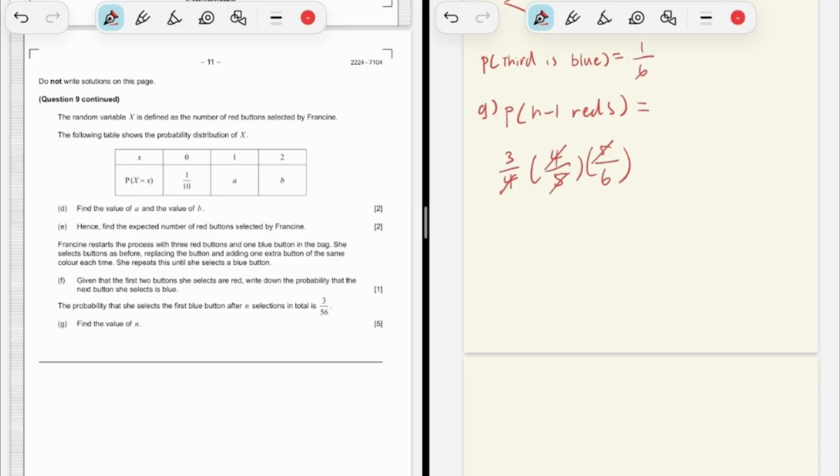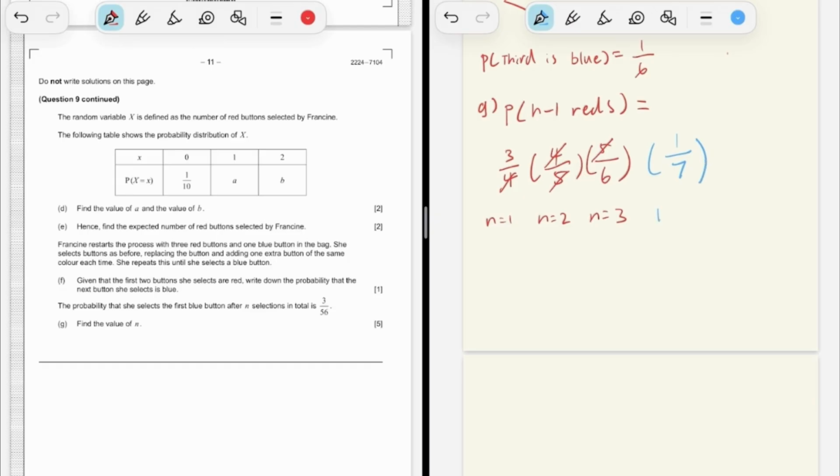And so over here, n equals 1, n equals 2, n equals 3. And then on the next try, it will be 1 out of 7, for instance. So in this case, n equals 4. So we could see a trend in which the probability of the selection of reds in general is 3 over n plus 2.